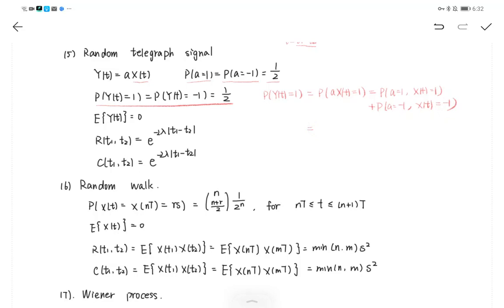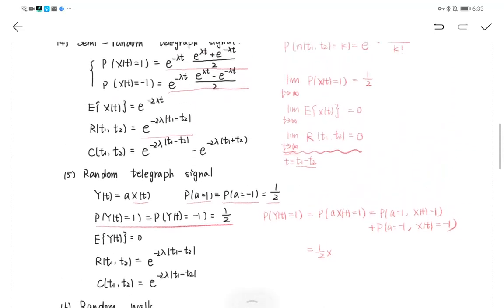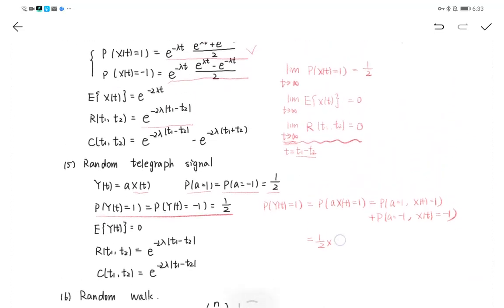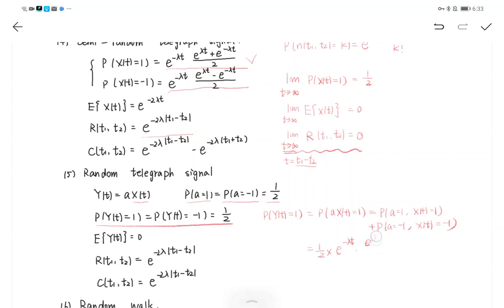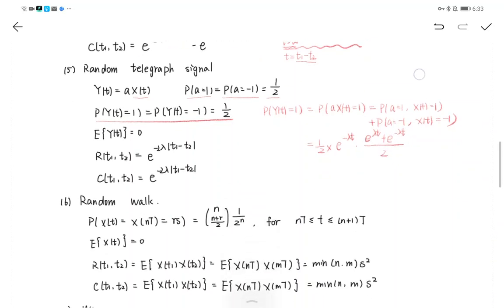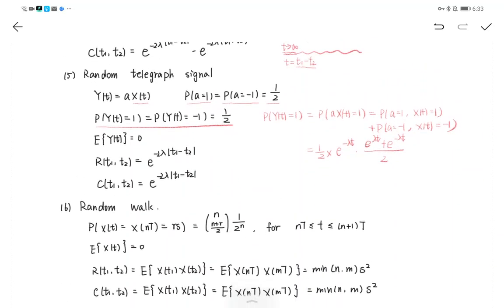And for the circumstance A equals 1 and X(t) equals 1, we can find it is 1 over 2 times the probability of X equals 1. And for the second circumstance, the probability equals a half times the probability of X(t) equals minus 1.